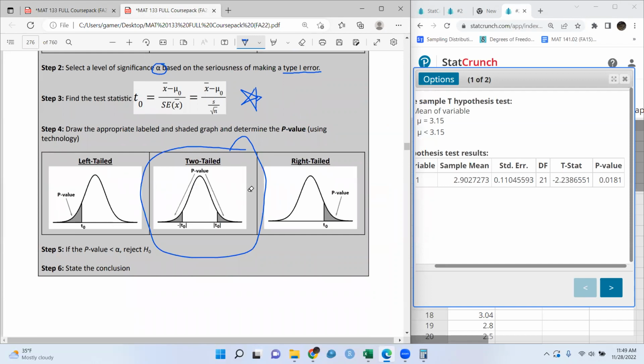The only thing that matters is that in the two-tailed, the p-value is the sum of the two areas, whereas in the other two, there aren't two areas. So if it was two-tailed and you wrote the p-value over here, it makes it look like you think all of that area is right here when it isn't. It's in between the two. If you divide this in half, you get the amount that's there. So you can just copy the picture.